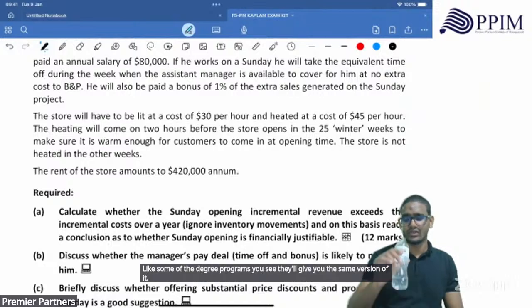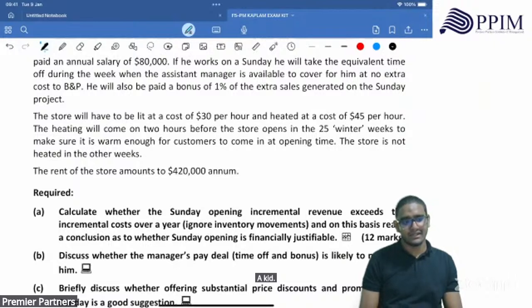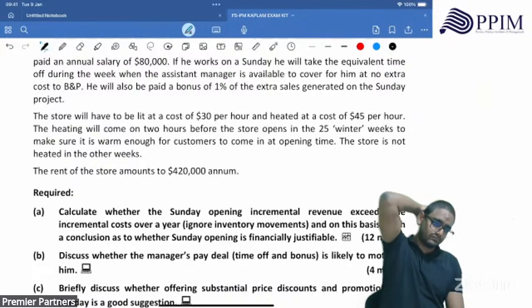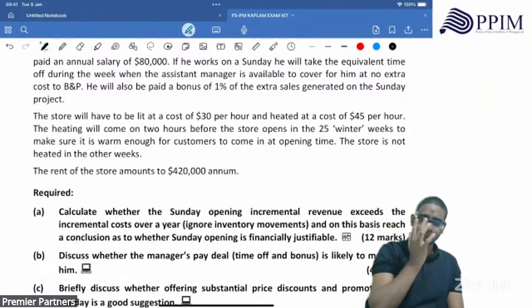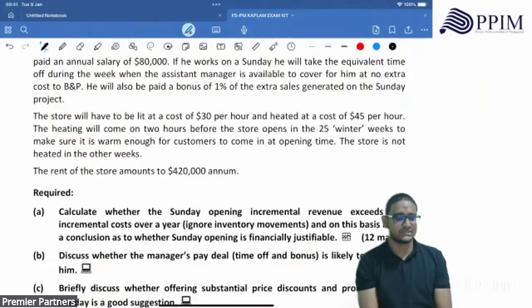But here they don't. But Salma, in your bank, this question might be there. Can come up. Start working on it and then I'll get it back.